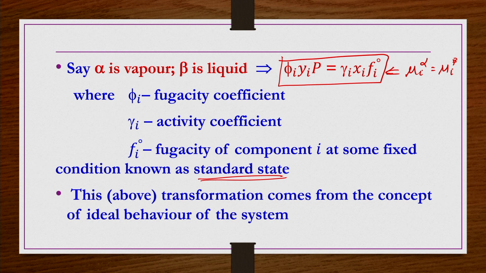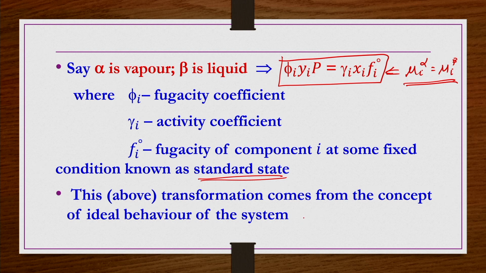And then this transformation from the chemical potential to the activity coefficient or fugacity coefficient, as shown here in this equation, is coming from the concept of the ideal behavior of the system.